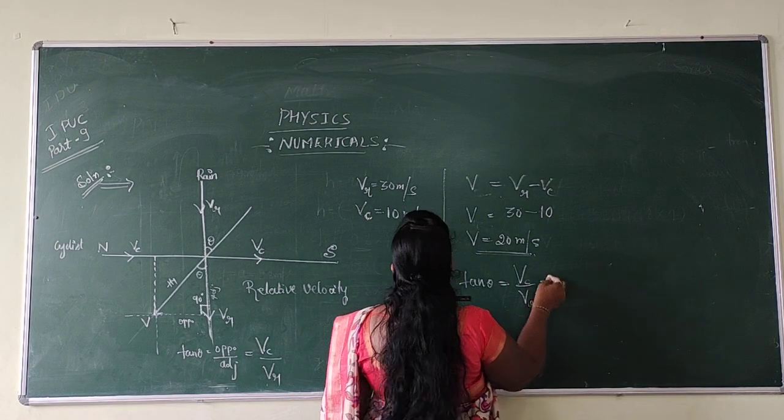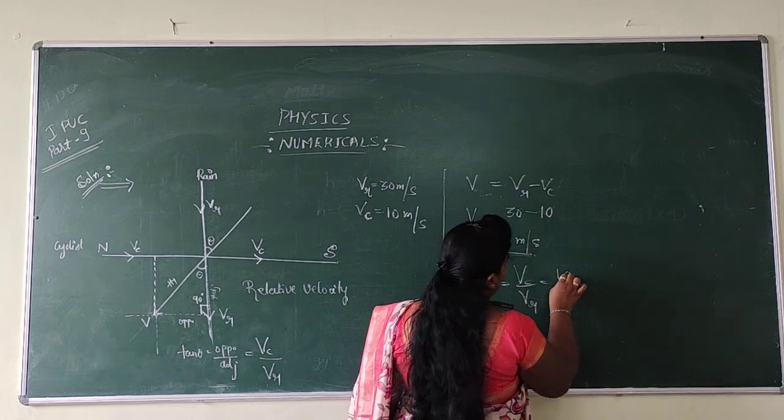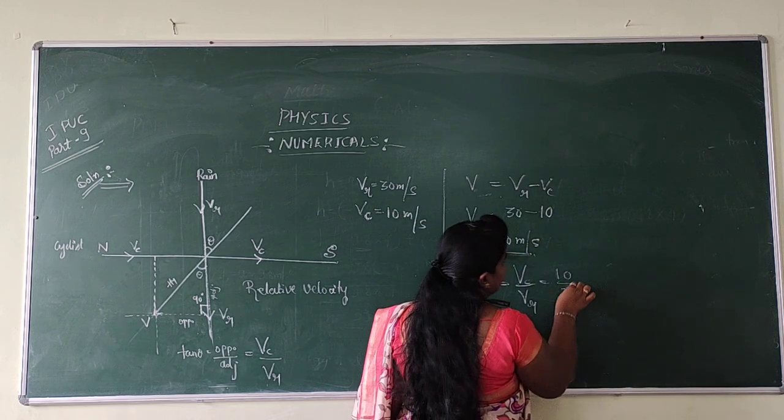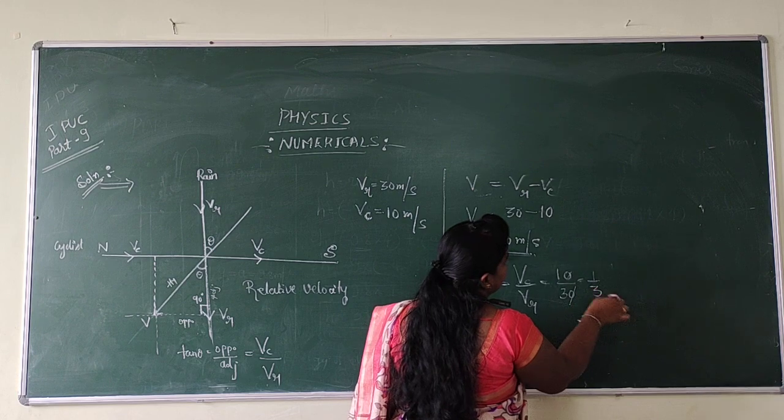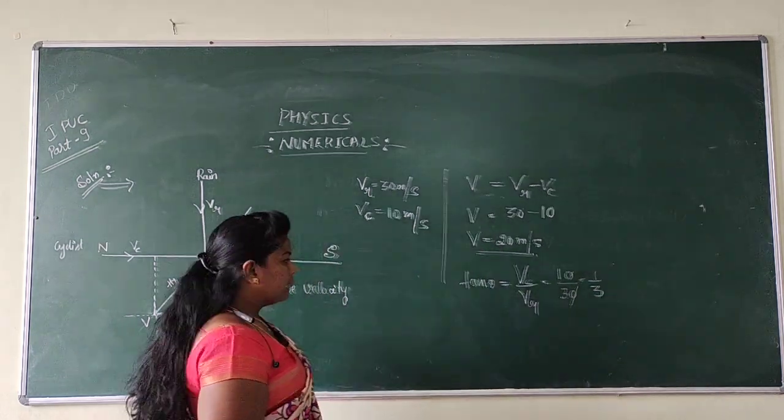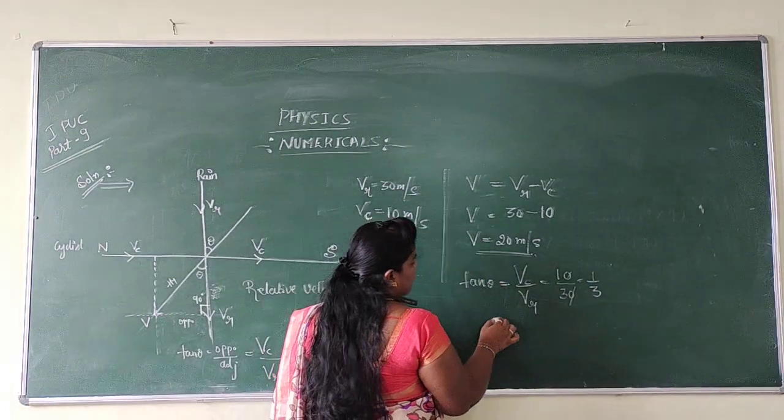VC is 10 and VR is 30. The zero cancels, remaining 1 by 3. Now I want to calculate theta.